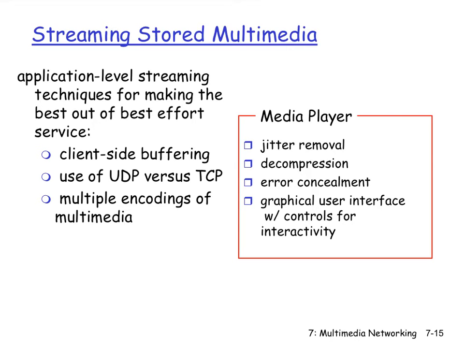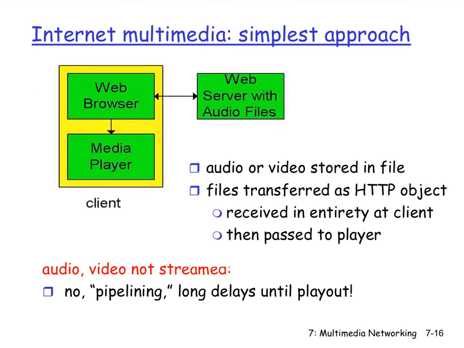TCP is usually used with HTTP from the application layer point of view. There are some advantages and disadvantages for each of these combinations, whether we're talking about UDP with RTP or TCP with HTTP. So we'll talk about these two alternatives for streaming stored multimedia content.